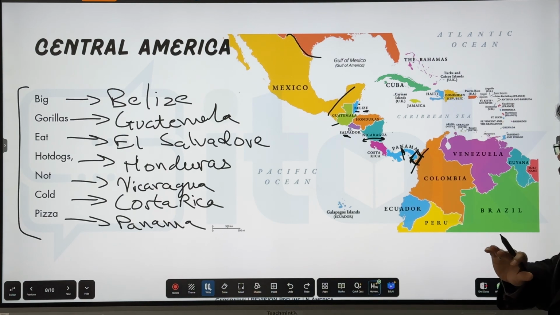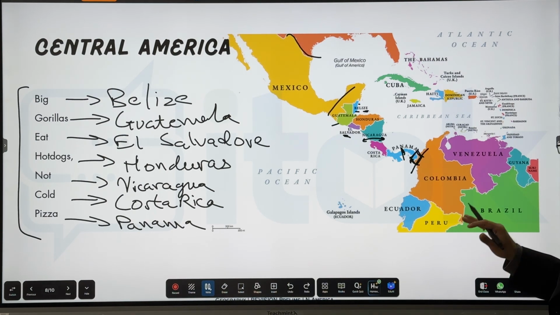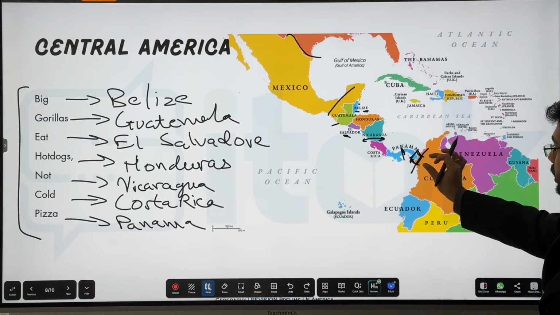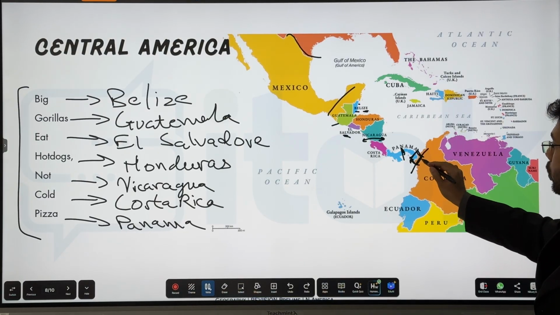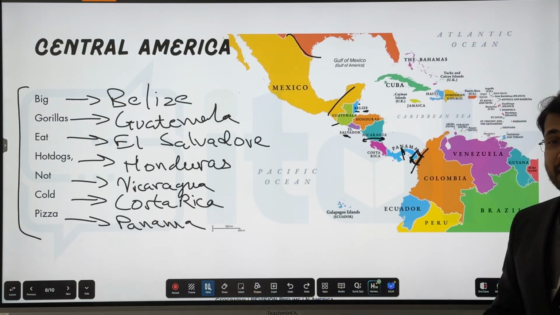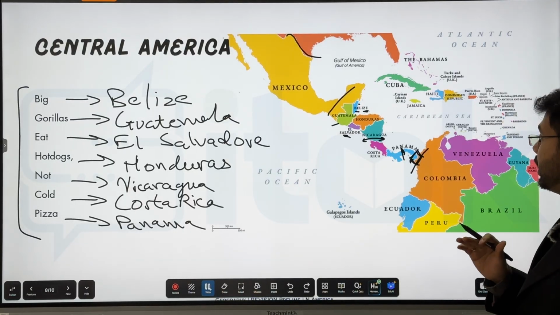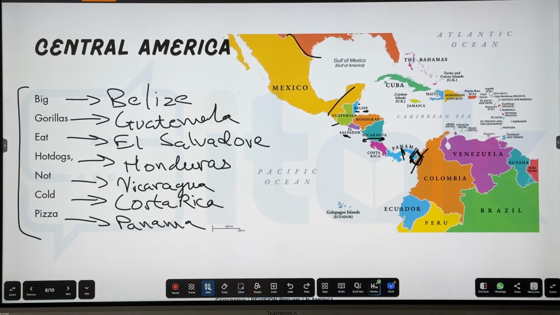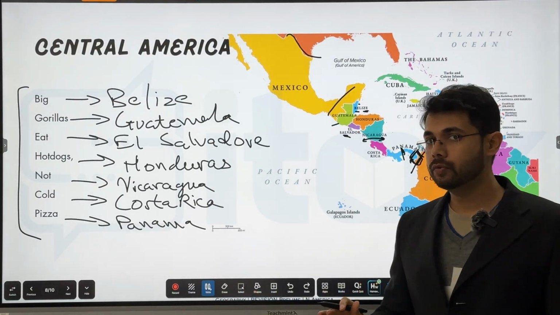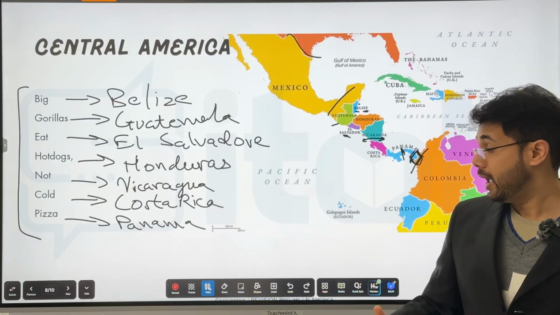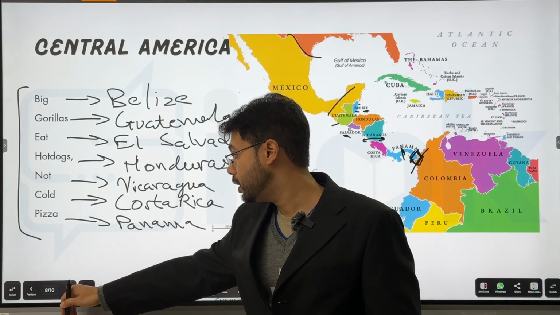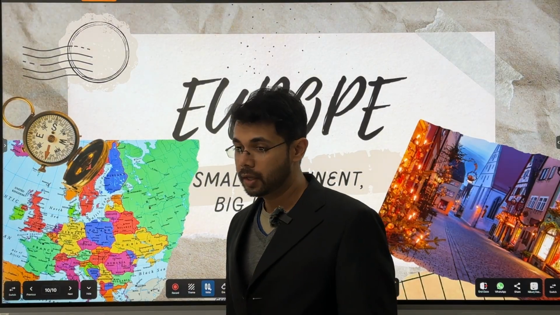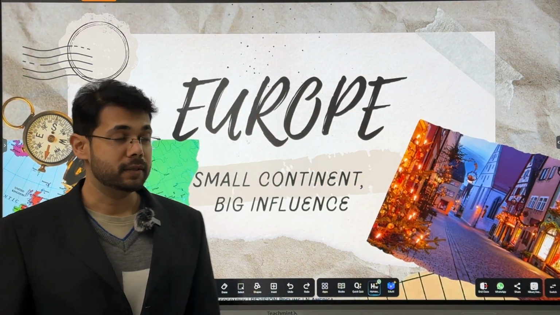Now these jungles have no roadways and it is extremely hard to traverse this part. So once they pass this area, then it becomes quite easy for them, and maximum people die or get injured mostly in this small stretch of land between Panama and Colombia. Just letting you know for general knowledge, and as both North and South America are in the news, we don't know which one can be attracted by UPSC.